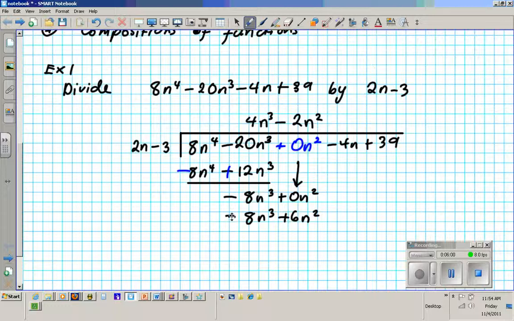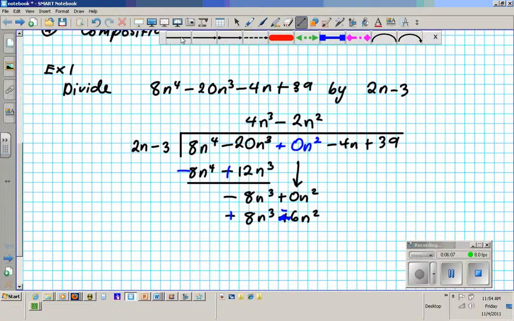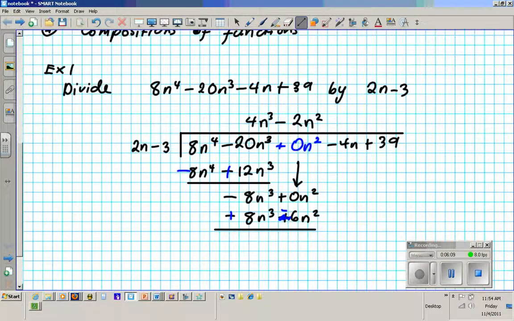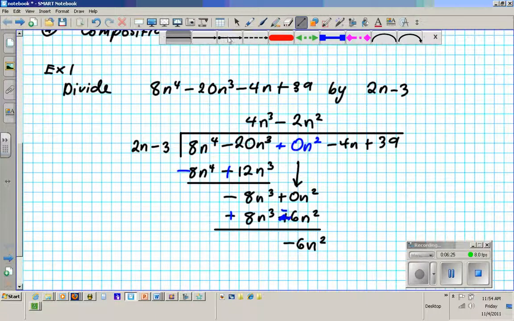So these two signs must change. This becomes a plus, and that becomes a minus. So we're going to subtract, which is the same thing as adding the opposite like we just did. So combine them. These two cancel out. We'll have negative 6n squared. And now we're going to bring down this number right here. This number here comes down.